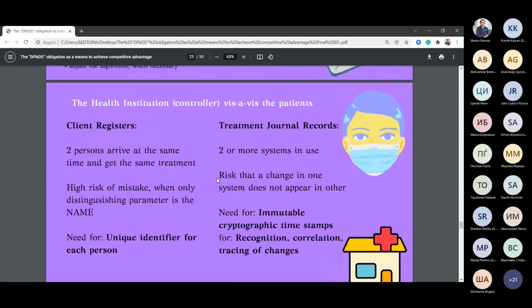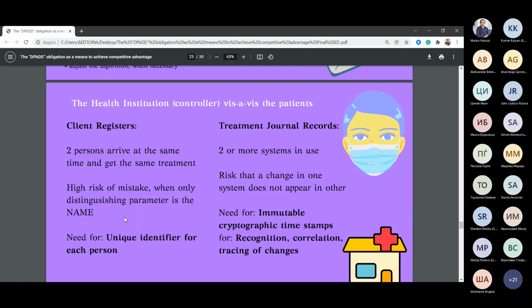And we also have another example, the health institution, that is the controller, vis-a-vis the patients. The health institution keeps client registers and treatment journal records. In the client registers case, if two persons arrive at the same time and get the same treatment, there is a high risk of mistake when the only distinguishing parameter is the name.